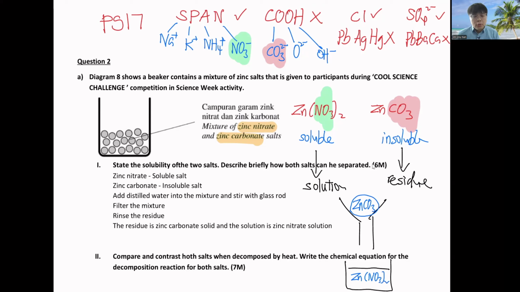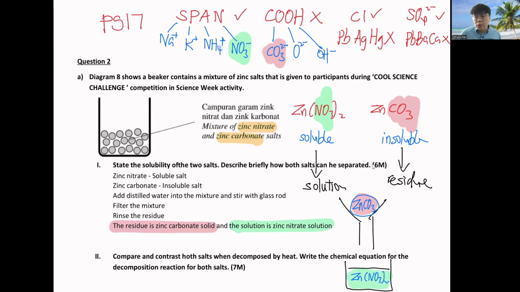So you rinse means you wash the residue. Okay, so here we separate them. So what I get now is an insoluble salt here. This will be my residue, zinc carbonate solid. Then the solution here is my zinc nitrate.